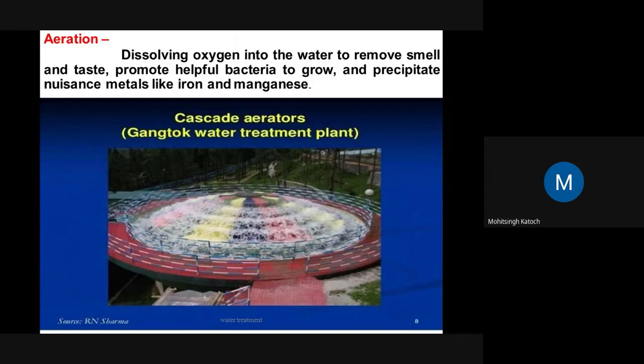So water enters from the top. If I can show you the pointer, from this top level of the cascade aerator, it falls from every step.